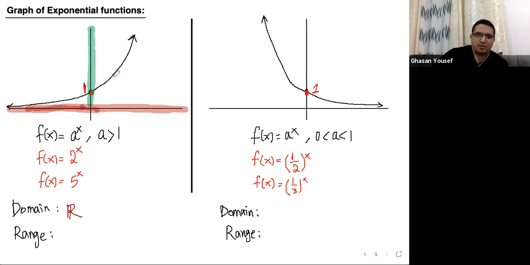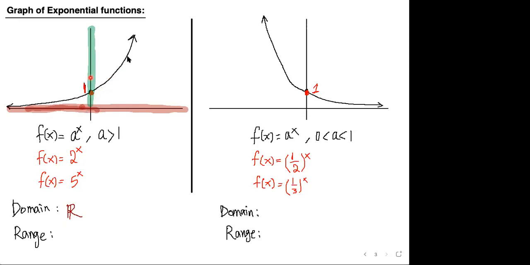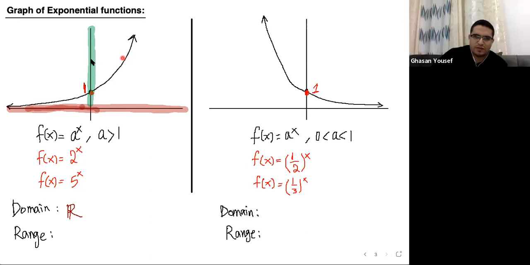So what is the range now? Because for all x, they give me a y value. Here is the y value. At this point, my y value is here. At this point, the y value is here. So what is the range?